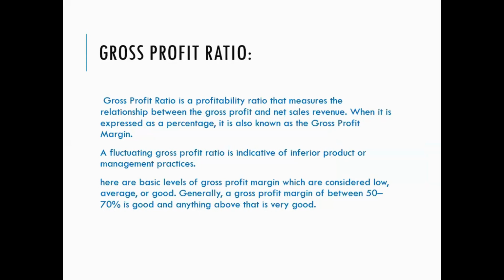Gross profit ratio. Gross profit ratio is a profitability ratio that measures the relationship between the gross profit and the net sales revenue. When expressed as a percentage, it is also known as gross profit margin.